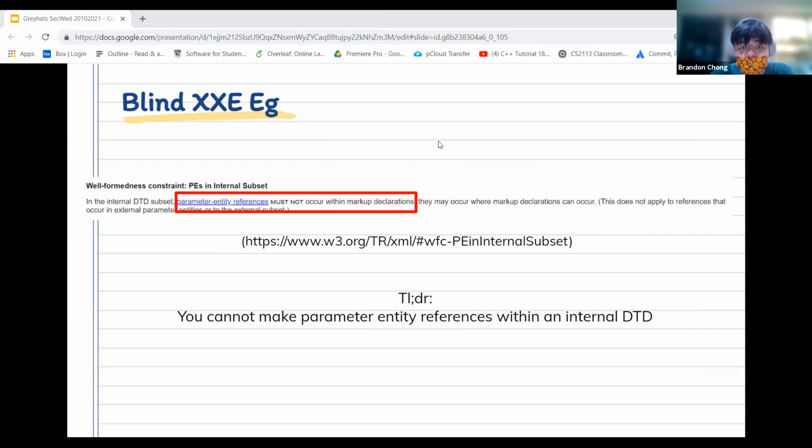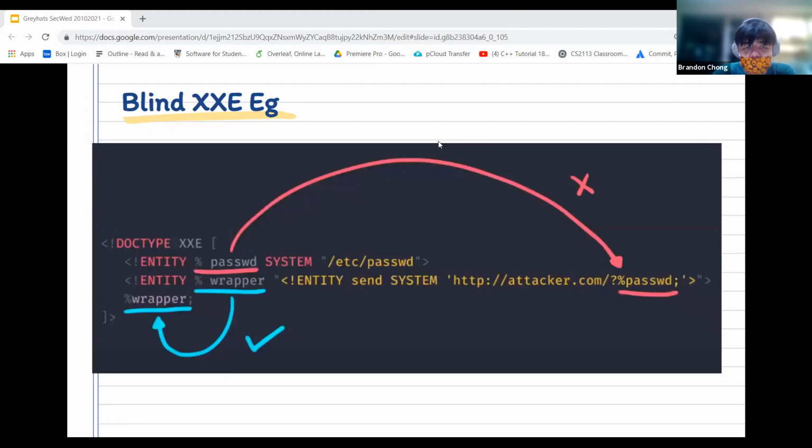What this means is you are not allowed to reference parameter entities within a markup declaration. That means if you define an entity passwd within this internal DTD, you are not allowed to access it at a lower level, meaning within an entity, but you are able to reference entities at the same level.